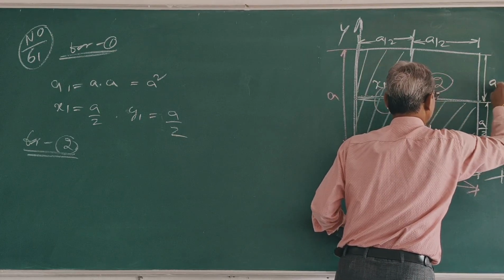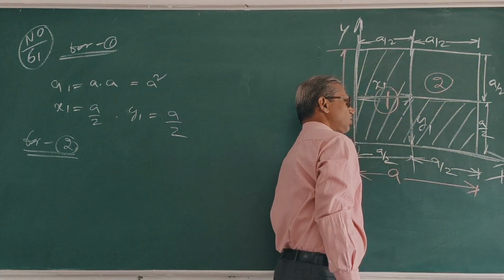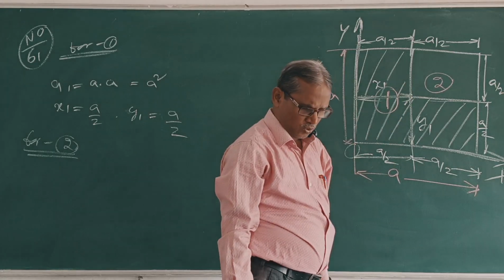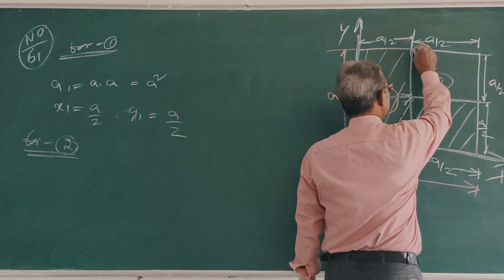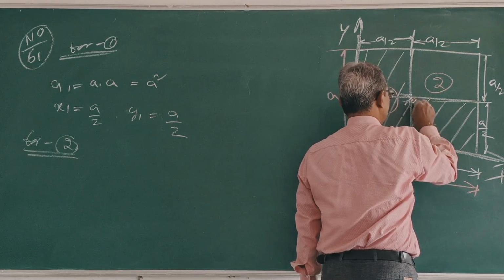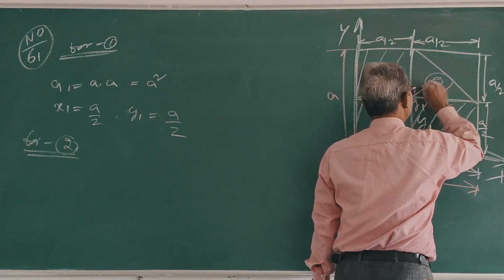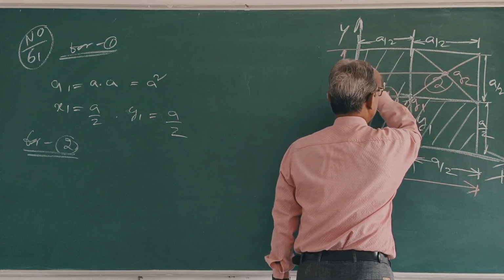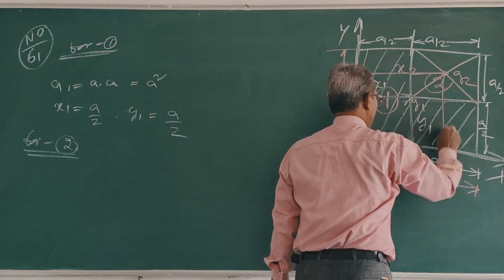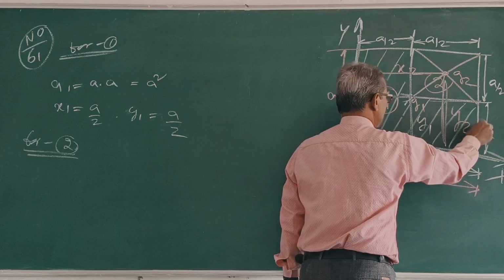Clear? So in this section, this is G2, this is G1, this is G2. So x2, y2. Clear?